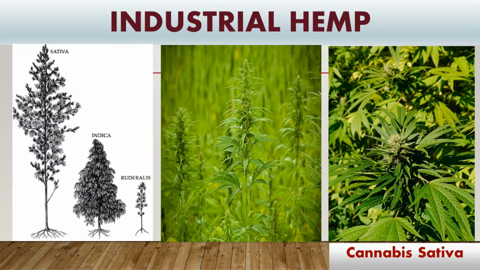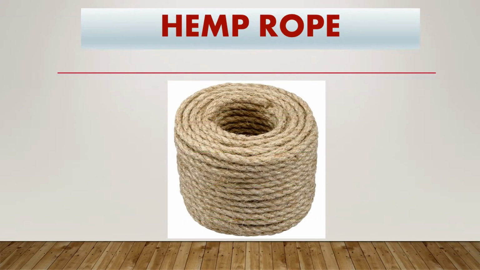Marijuana with high THC content is derived from other strains of Cannabis sativa and from indica and ruderalis. Industrial hemp is extremely important to farmers. Many products are derived from hemp. Let me give you some examples.